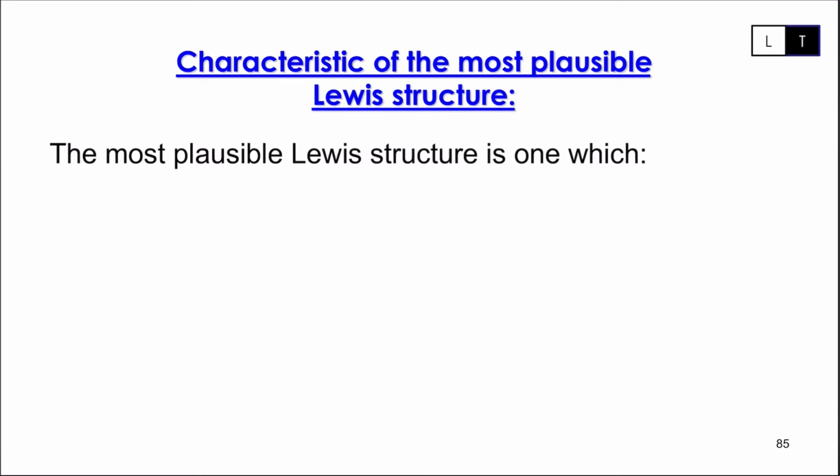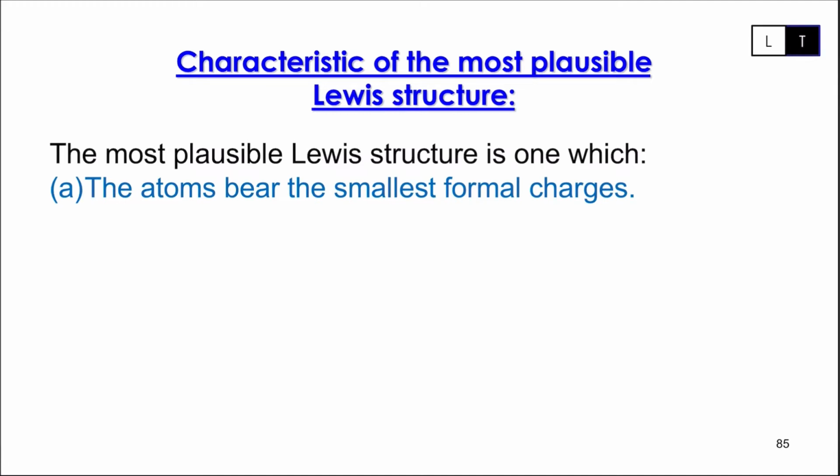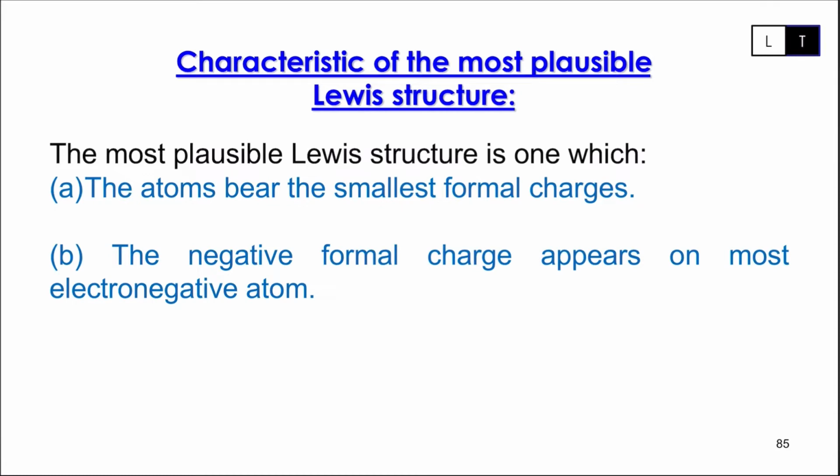most plausible Lewis structure. So there are three characteristics that you have to understand. The first one is the atoms in the Lewis structure must bear the smallest formal charge, which usually the smallest will be 0. And the next one, the negative formal charge appears on the most electronegative atom.